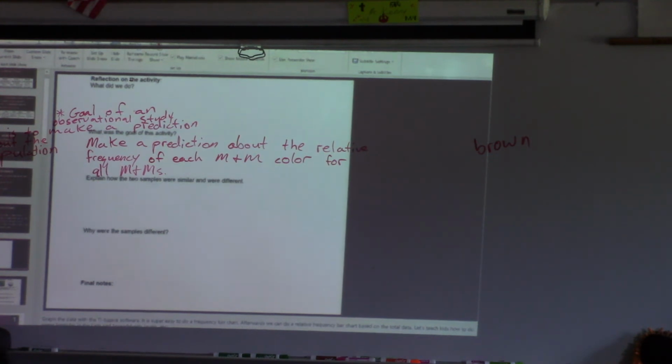The sample, right? So we're going to use a sample to make a prediction about the population, right? So the goal of an observational study is to make a prediction about the population based on a sample.